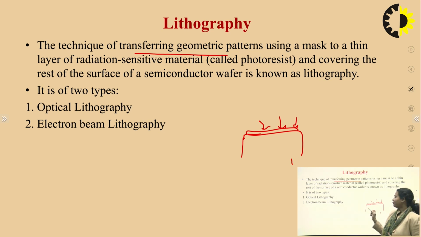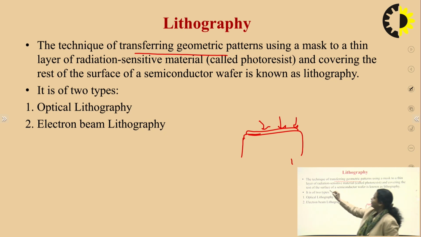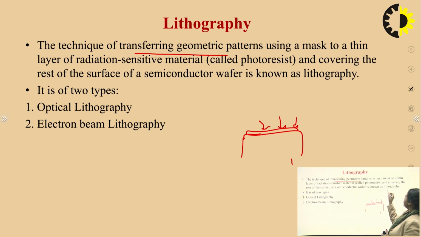For this we have to apply photoresist on it. So covering the surface of a semiconductor wafer is known as lithography. That means we are transferring the pattern from one device to a substrate with the help of some photoresist.